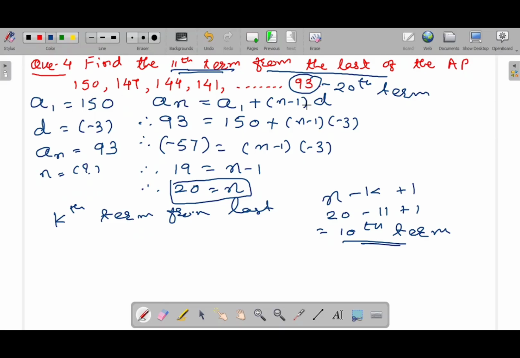Now I'm sure you know how to calculate the 10th term. Again, we are going to use the same formula. an equals a1 plus n minus 1 into d, where n means 10.